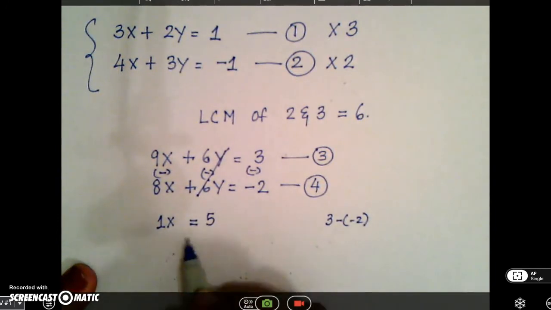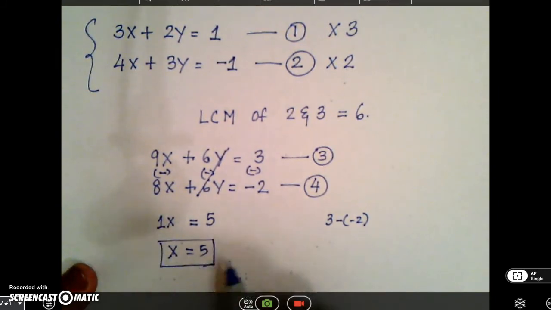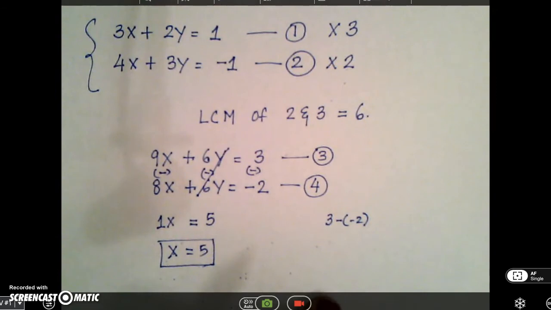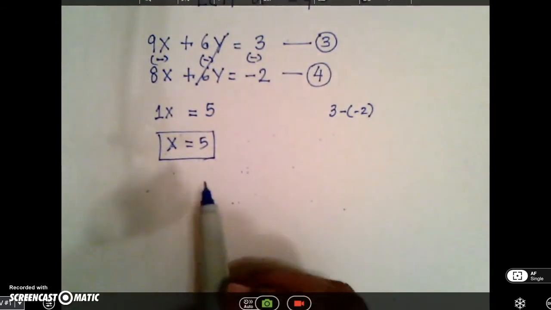So 1x is 5, or simply x is 5. So I solved for x. If you look at our previous solution, we had x equal to 5. Exactly the same.